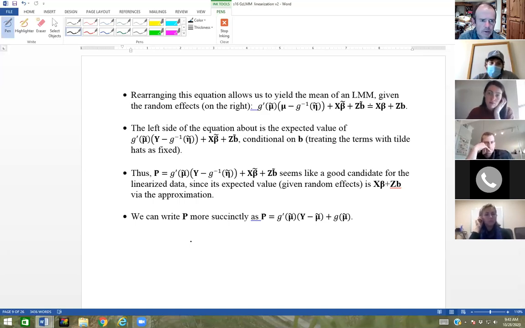And we're going to do that for count models, so I'm going to show you how to do that. G prime would be the derivative. So you can take whatever G of mu is, and if you take the derivative, you can substitute that in, and so we can write this out specifically for specific types of outcomes.